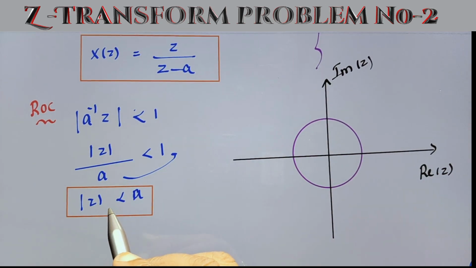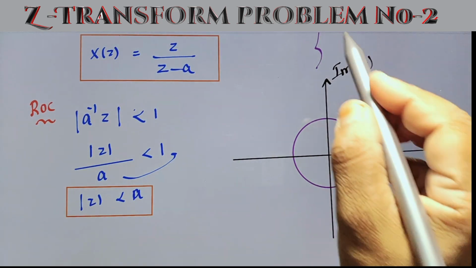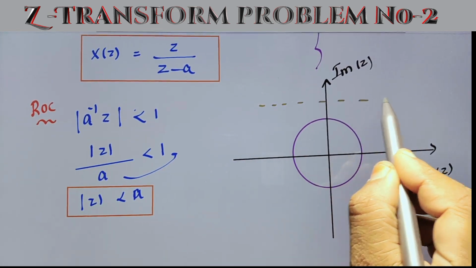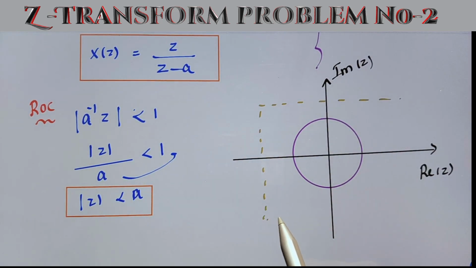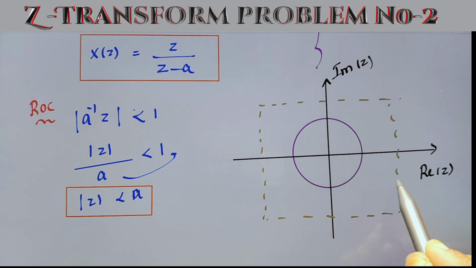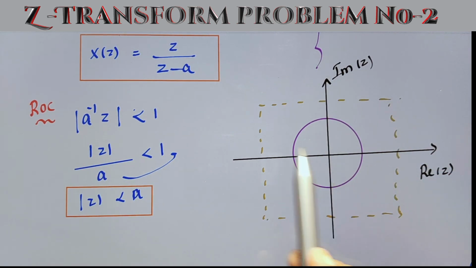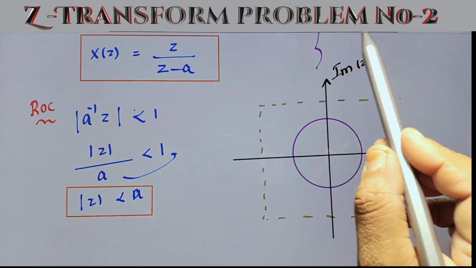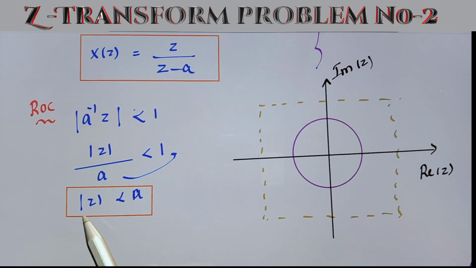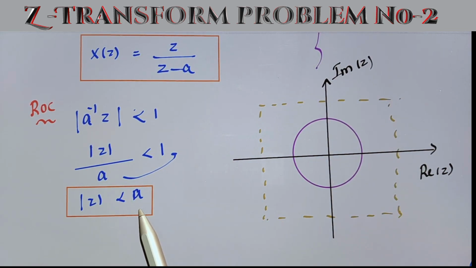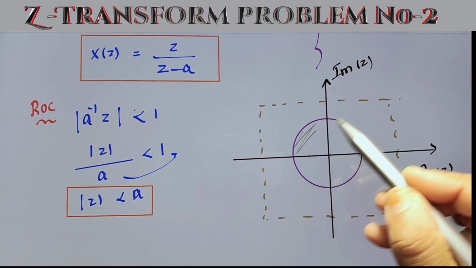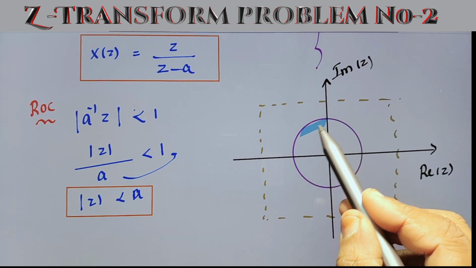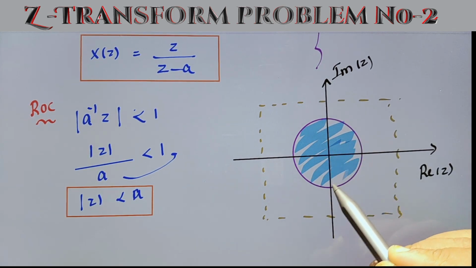Here, see the modulus of z, outer area for z plane in the square shape, right? Okay, this is for z plane. Shaded area based on the z condition. See here, modulus of z less than means the area to be inside of the circle. This is a condition, right?